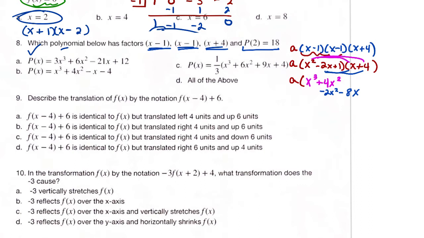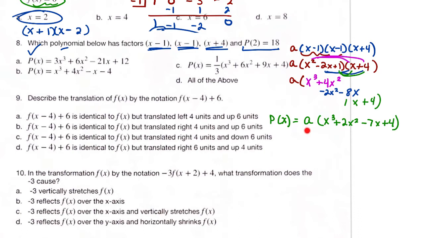And distribute the 1, giving us 1x plus 4. So a times x cubed plus 2x squared minus 7x plus 4. So there's what p of x is.